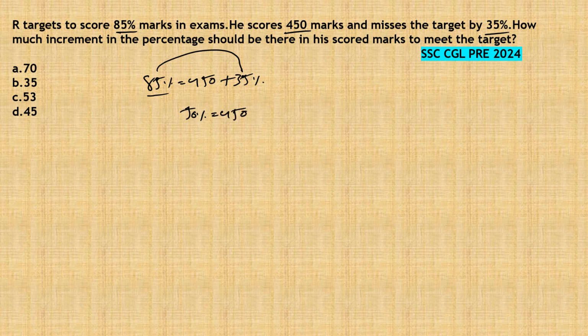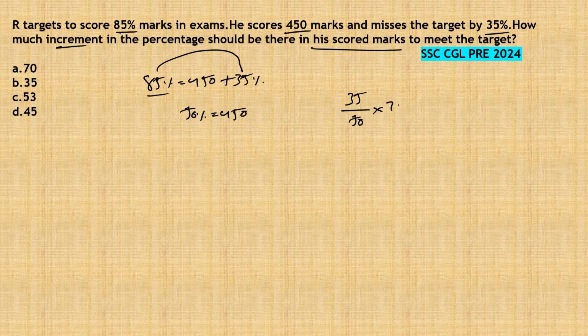What do we need to find? How much increment in percentage should be there in his scored marks to meet the target. To meet the target, he needs 35% more. He needs 35, and his scored marks are 50. We are asked to find 35 is how much percent of 50.